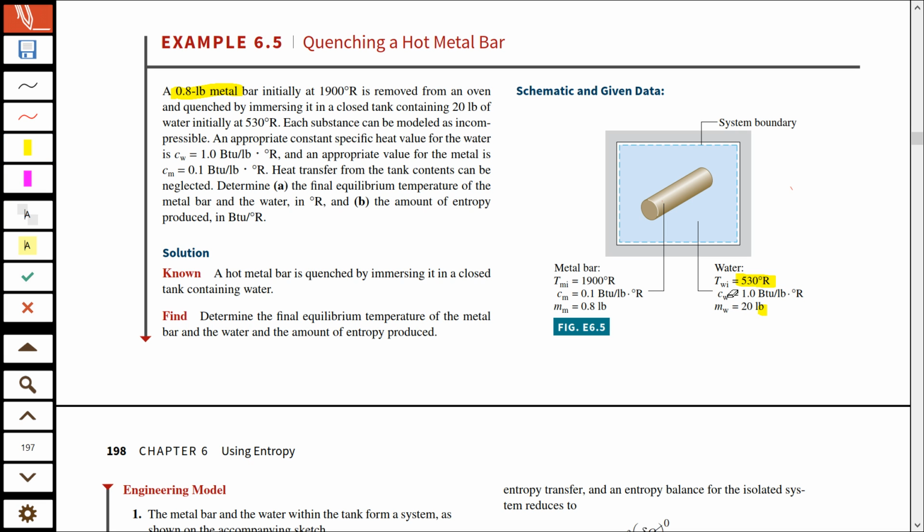If you compare these quantities, there is more mass of water than the metal, number one, and water has a larger specific heat compared to the metal. That's also something you need to note. And the metal rod has a larger temperature compared to water.